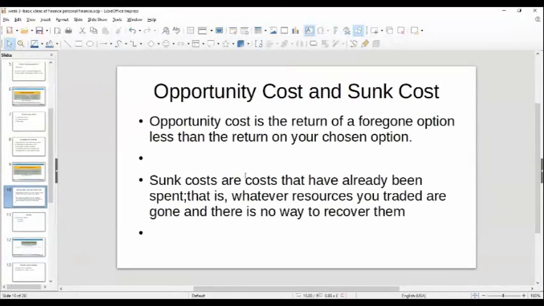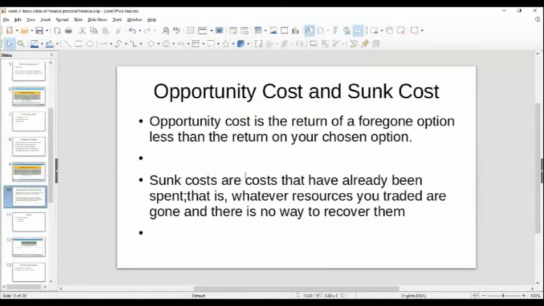In handling our finances and in the expenses that we have in our day-to-day life, we have this opportunity cost and sunk cost. When we say opportunity cost, this is the return of a foregone option that is less than the return of your chosen option.